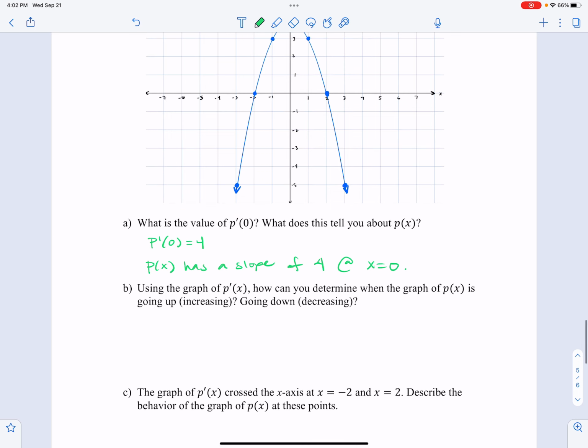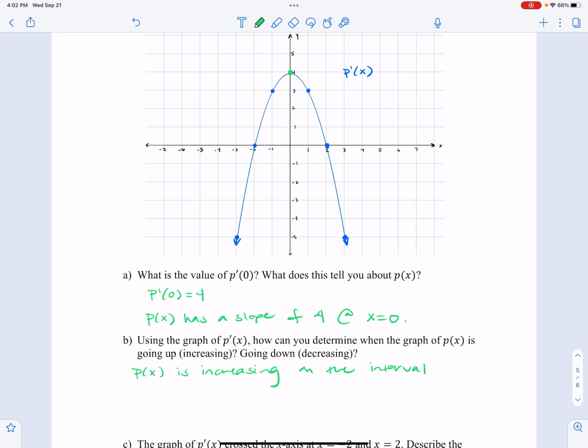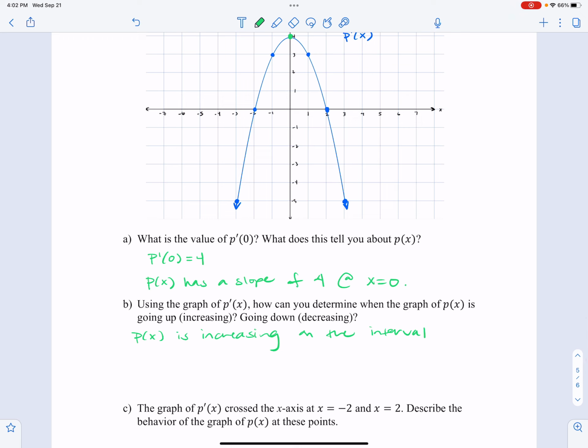So we can say that p of x is increasing on the interval between negative 2 and 2. That's where p prime is positive, which is where p prime of x is greater than 0.